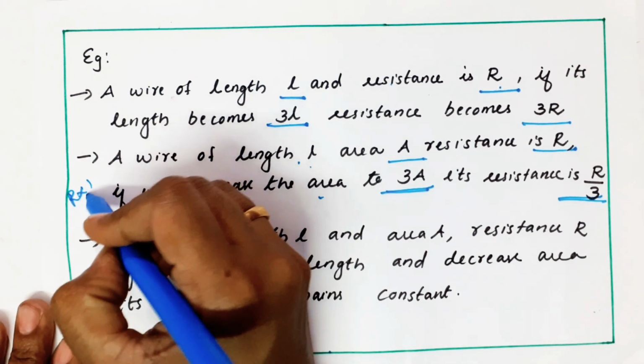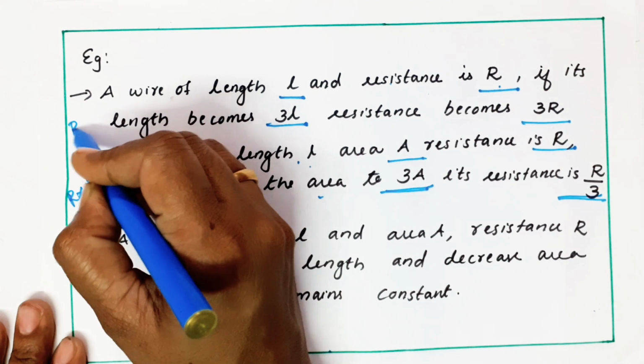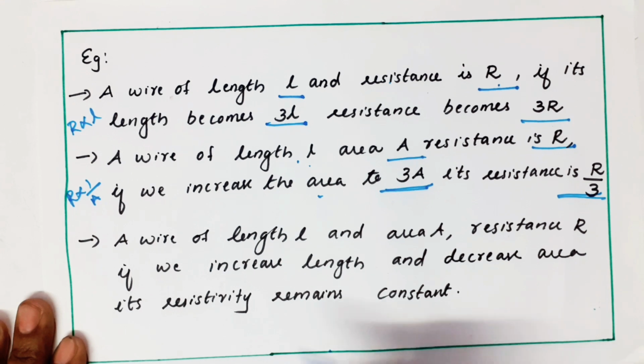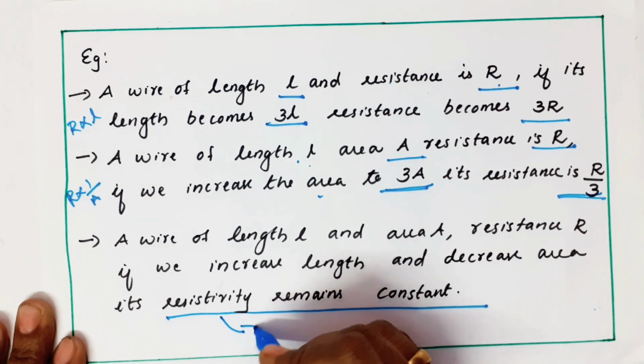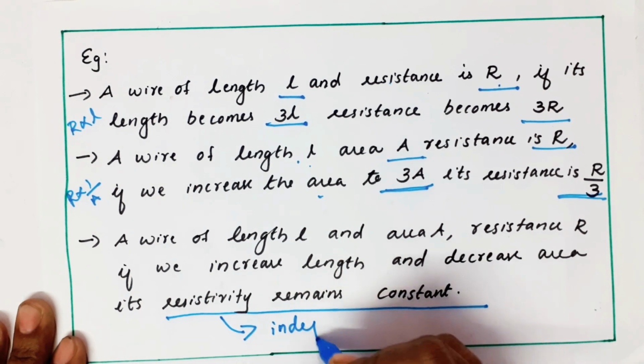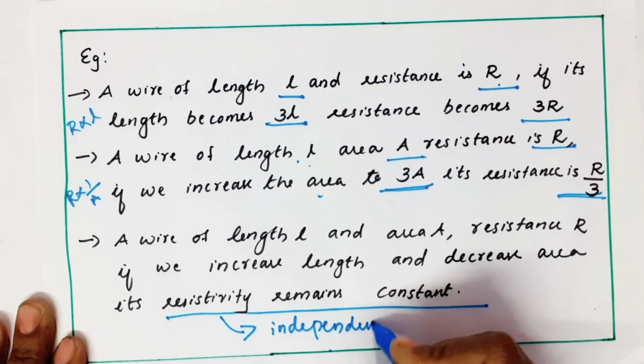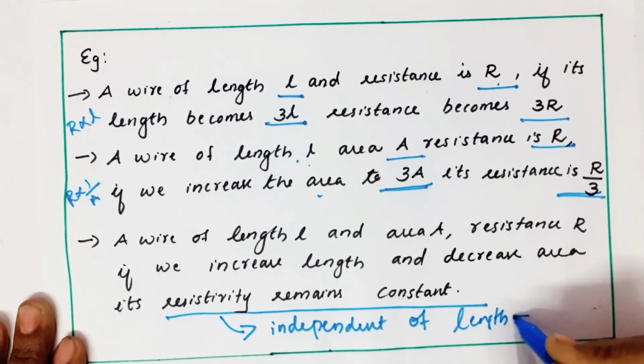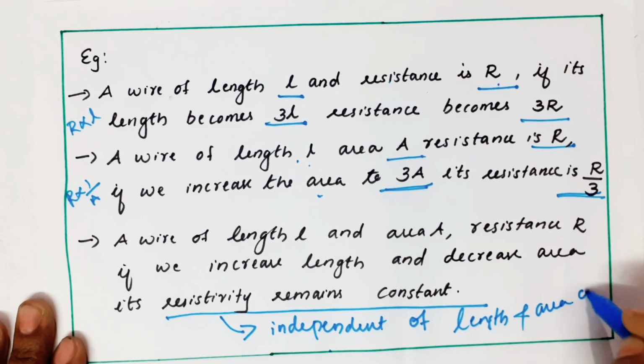Last one: a wire of length L and area A, resistance R. If you increase the length and decrease the area, nothing happens to the resistivity. Resistivity remains constant because resistivity is independent of length and area of cross section.